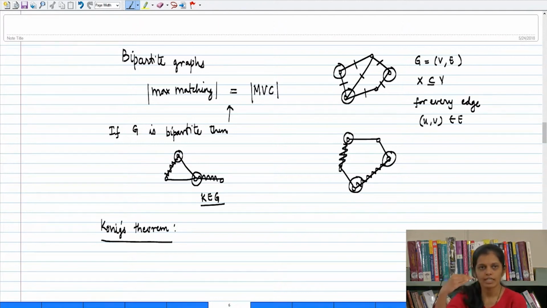Therefore, we have the collection of edges. In fact, we have the flow network, and we have the residual flow network corresponding to that. All of that we are going to use to actually construct a vertex cover which will have the same size as the size of the maximum matching, and we will argue that indeed these two sets have the same size and the set that we have constructed is indeed a vertex cover for the graph. So that is the goal of this lecture.